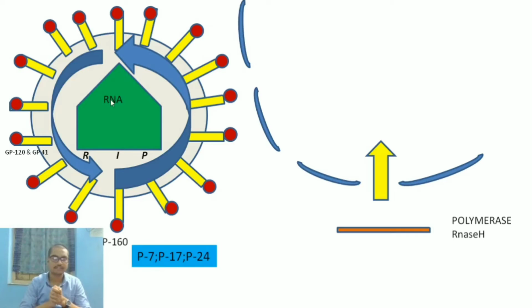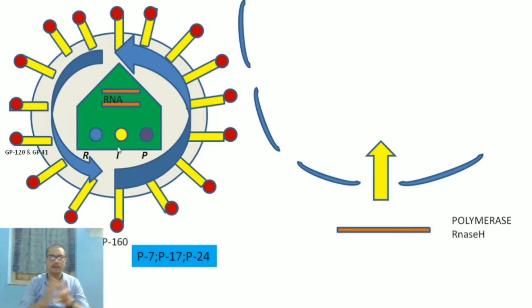This capsid is constituted with P7 and P24 protein, and inside the capsid you will find two single-stranded positive RNA along with three important enzymes: reverse transcriptase, integrase, and protease. So this is the structure of HIV.